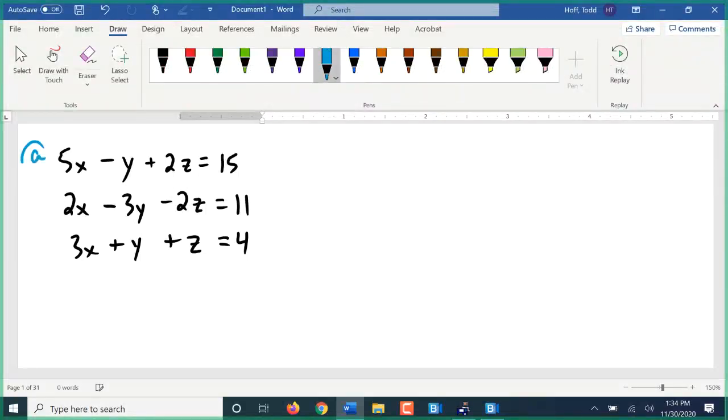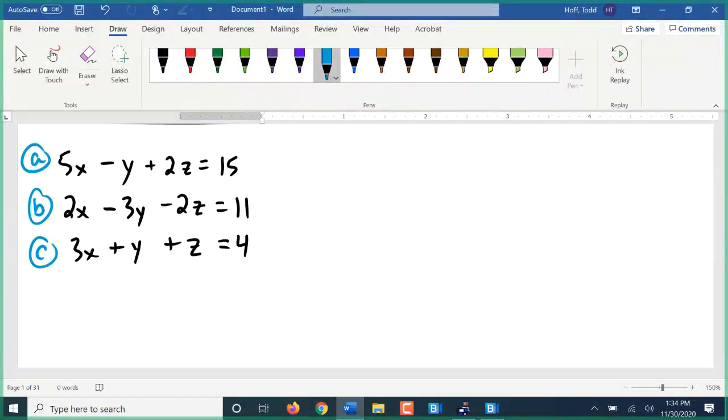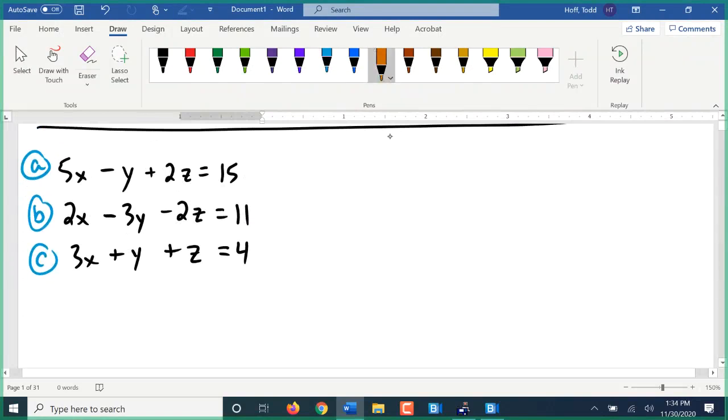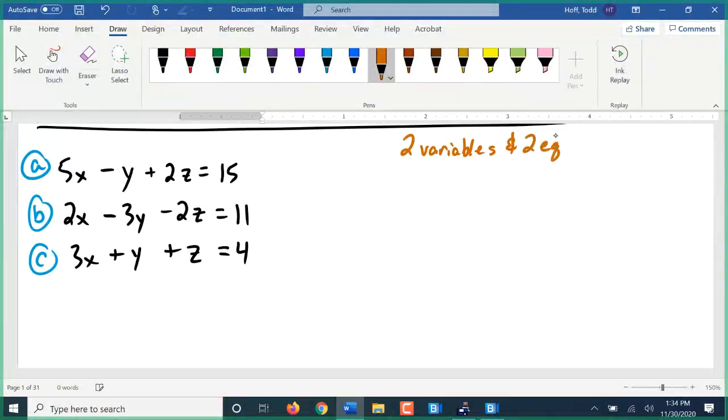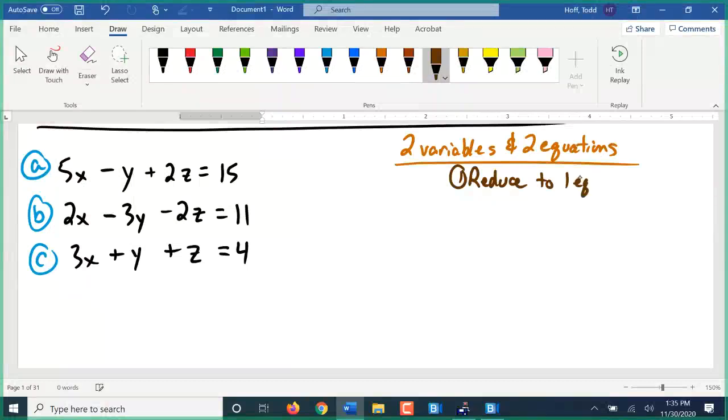And I'm going to label the equations A, B, and C again, just so I can refer to them quickly. Now, if you recall, when we were dealing with 2 variables and 2 equations, outside of graphing, I mean, we could graph the equations and see where they intersect, but the algebraic methods we used involved, the first step was reduce to 1 equation and 1 variable.